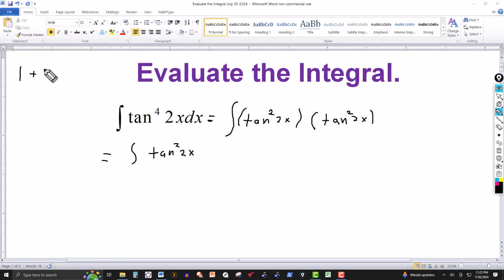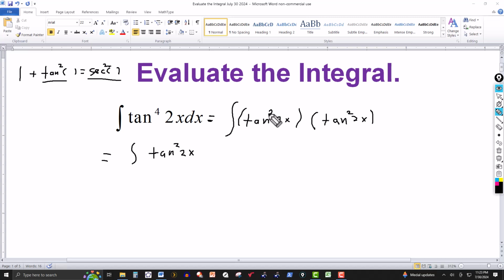There is an identity that says if you have 1 plus tangent squared of an angle, whether it's an x or a 2x or theta, this will equal secant squared of that angle. So 1 plus tangent squared of whatever angle this is. I could say x and x here, or in this case the argument is 2x and 2x. So I have a representation for secant squared. I could also solve for tangent squared by bringing the 1 over, and so on.